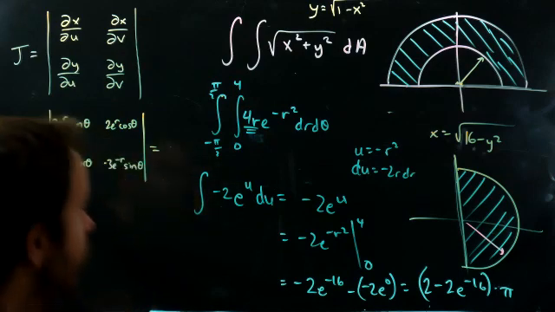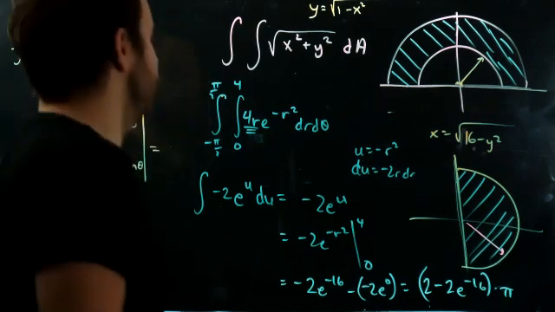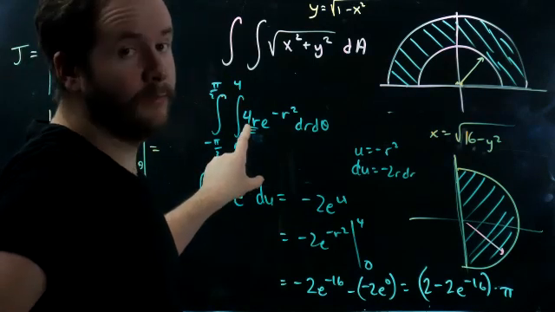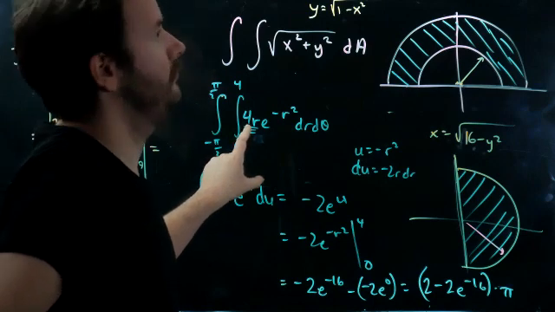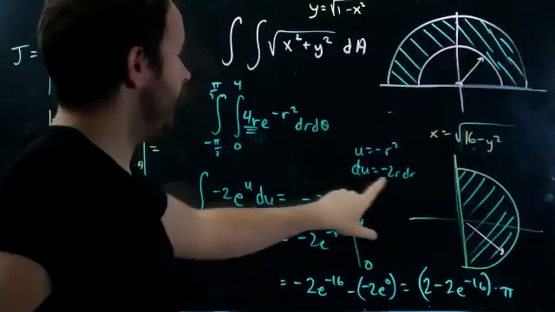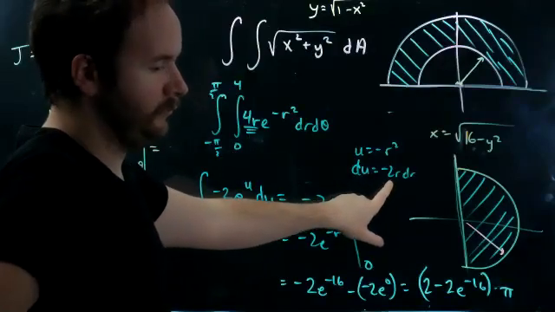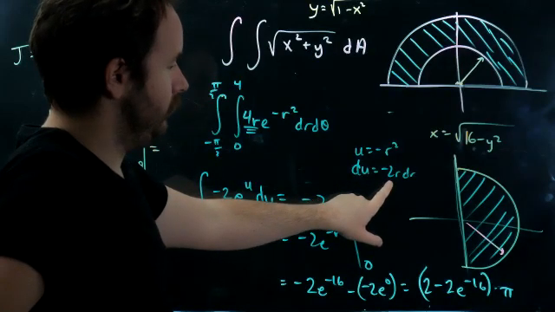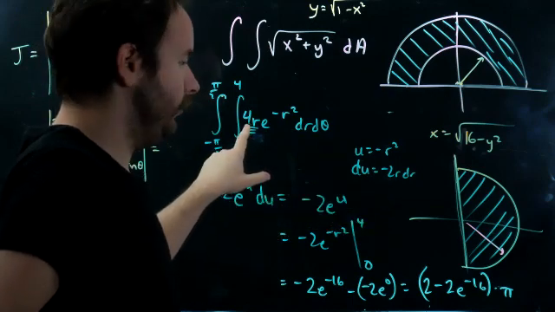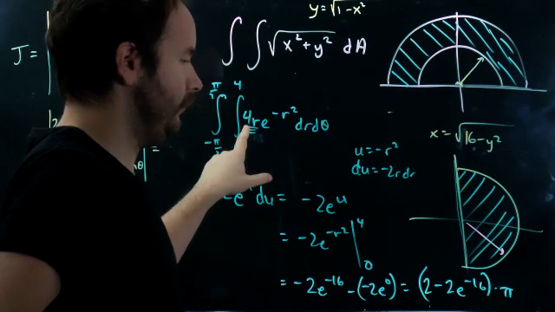I'm just confused because my numbers are a little different. I have a 2, you have a 4. What's my conversion from dr to du? Negative 2r dr. So I'm going to take a factor of negative 2r out of 4r. That will leave me behind with what?